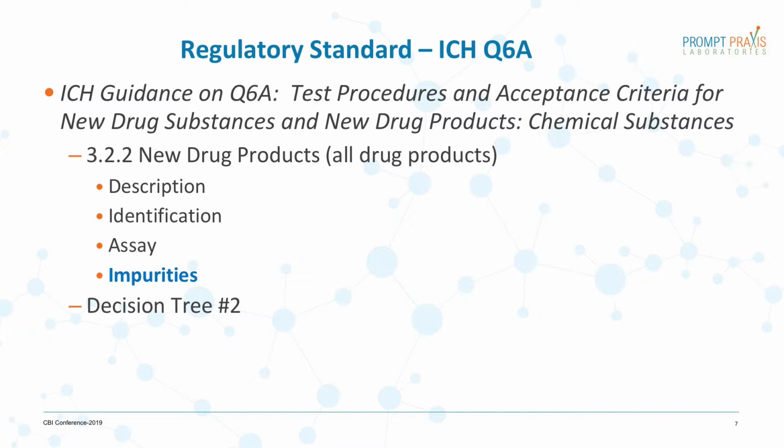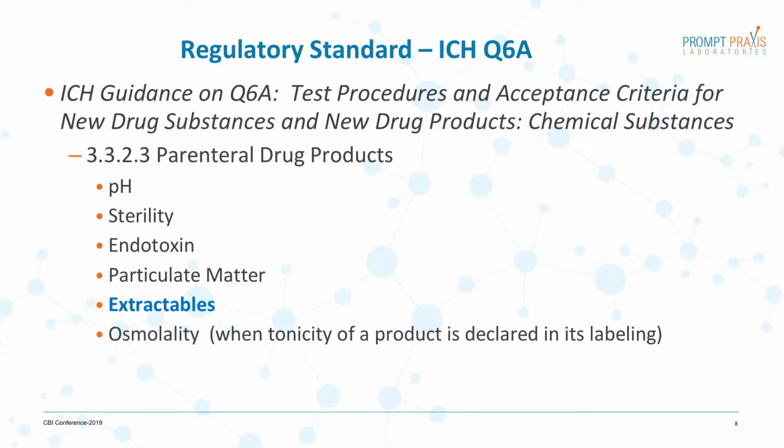And then it provides a decision tree which tells you, if you do encounter a substantial amount of a degradant or an impurity, how do you disposition that? What do you do with that peak? This is the overarching paragraph. If you delve another few paragraphs, it actually has a section on parenteral drug products.